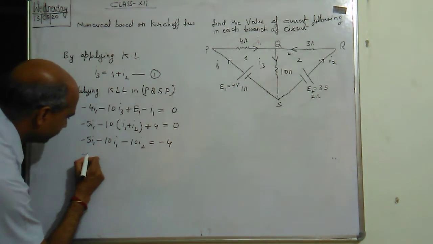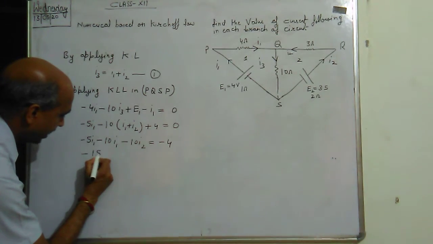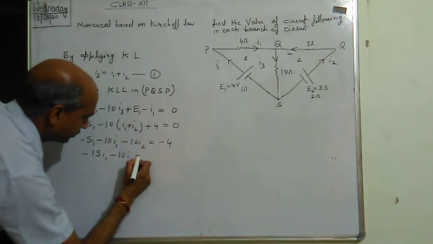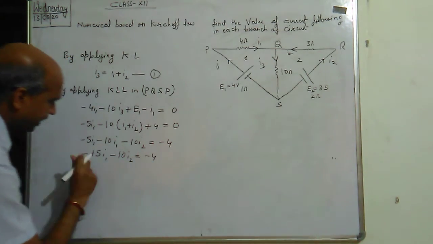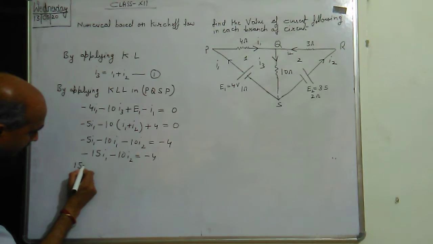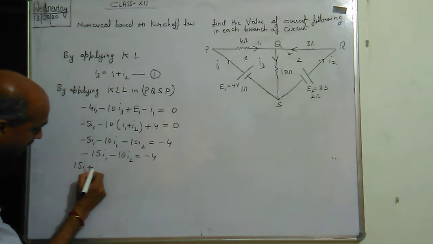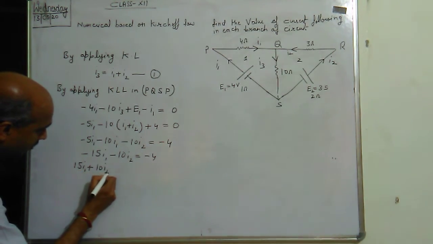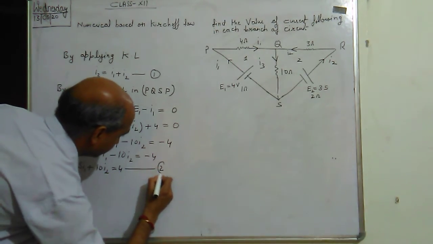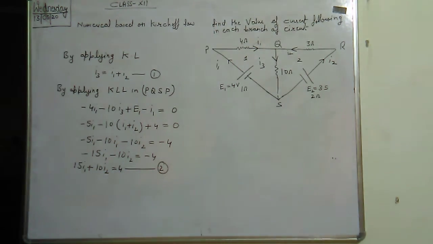So it gives me minus 15 I1 and minus 10 I2 equals to minus 4. Take the minus common, this will get cancelled. So we are getting 15 I1 plus 10 I2 equals to 4. This is your second equation.